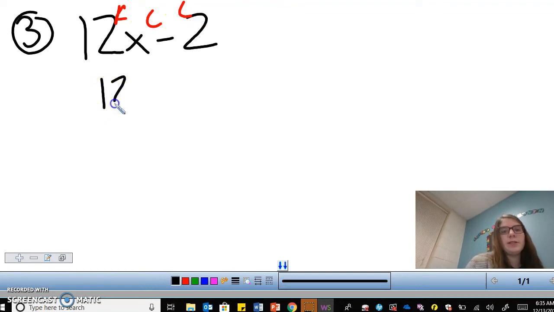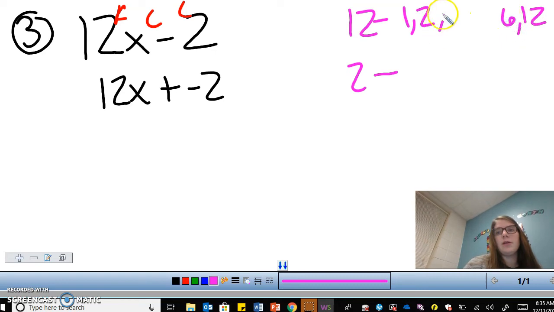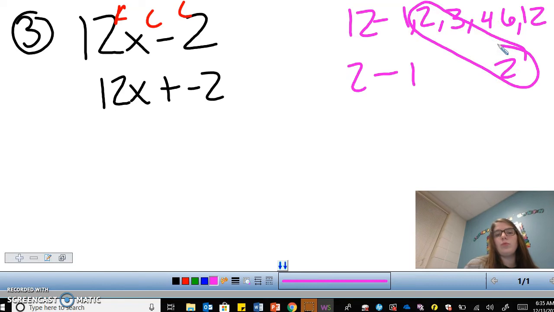So I'll have 12x plus negative 2. And we need to find our GCF, so I'll have 12 and 2. And for 12, I have 1 and 12, 2 and 6, 3 and 4. And for 2, I have 1 and 2. So my greatest common factor is going to be 2.